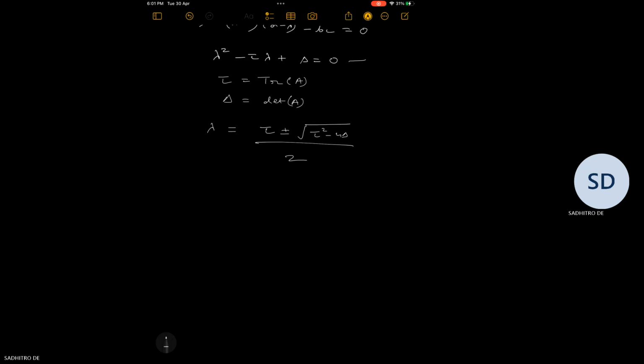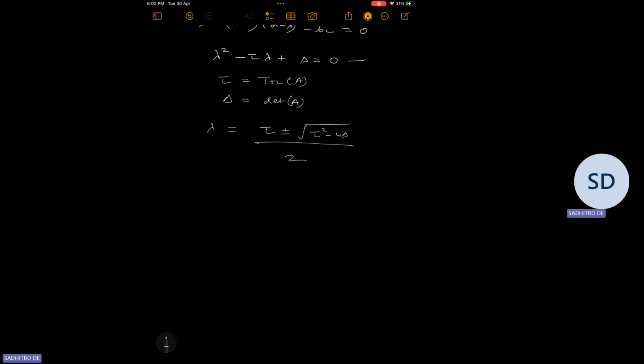So these are the eigenvalues which one gets, right? Depending upon the value of tau and delta, these eigenvalues can either be positive or negative, or they can also become complex numbers if tau square becomes less than 4 delta. Okay, so this will give us a hint into the stability of the fixed point.